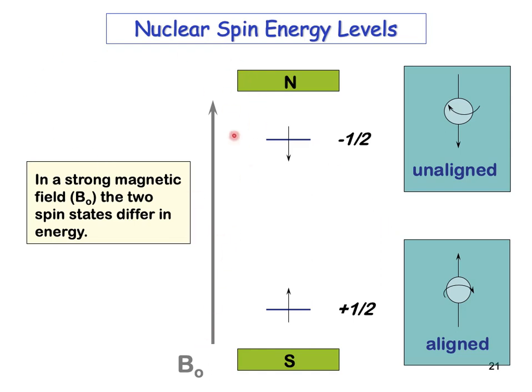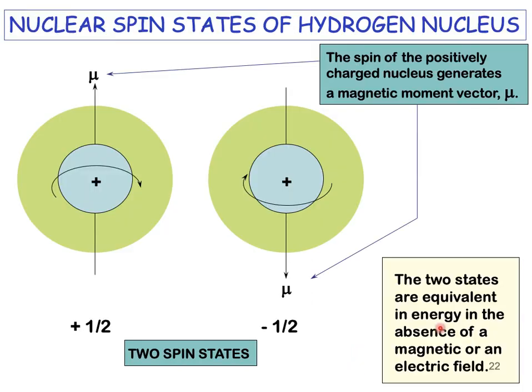So some nuclei will be oriented toward the magnetic field, and some will be opposed to it. These are the spin states at different energy levels, which are only generated when the nuclei are placed under a strong magnetic field.